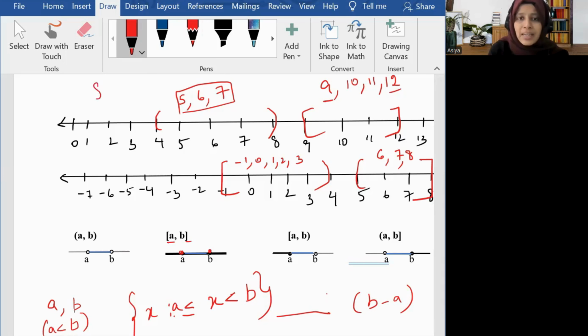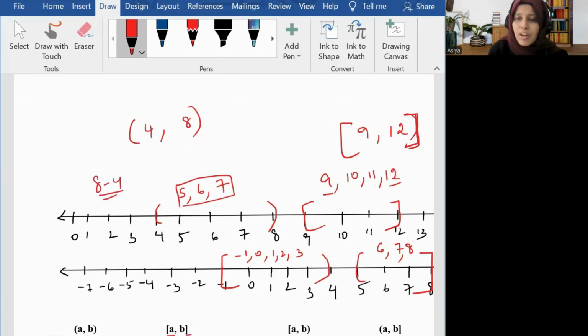In this case, 8 minus 4 would be my interval. In this case, 12 minus 9. Here, 3 minus of minus 1. And here, 8 minus 6. Always remember, b minus a would be the interval. I hope that's clear.